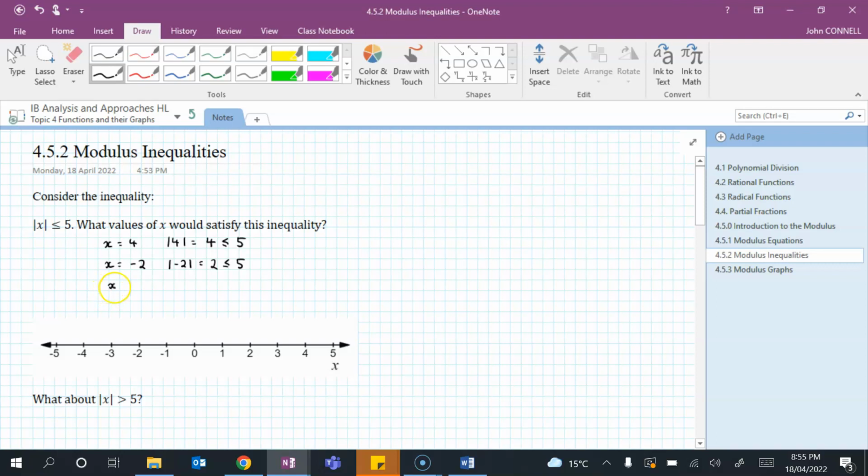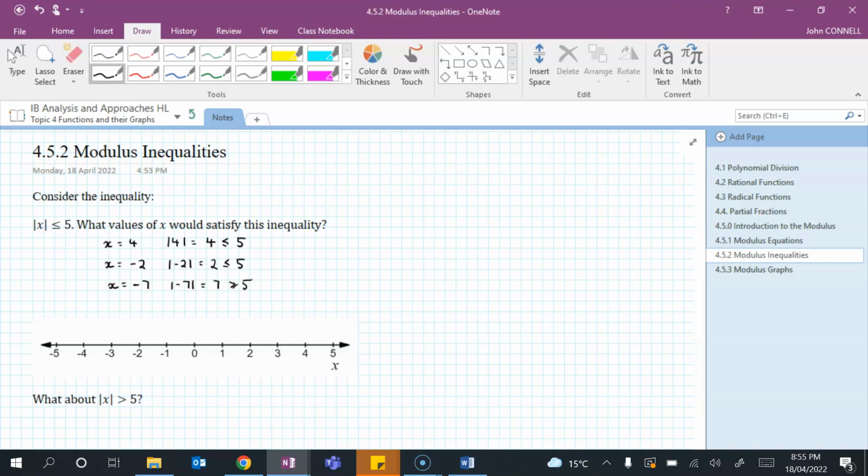But how about something that's even more negative, maybe like negative 7. Now the modulus of negative 7 is just positive 7, which is greater than 5, and so it's not all negative values that will work.